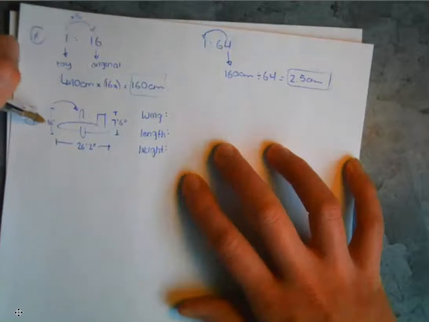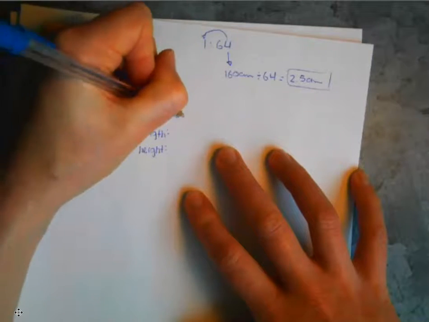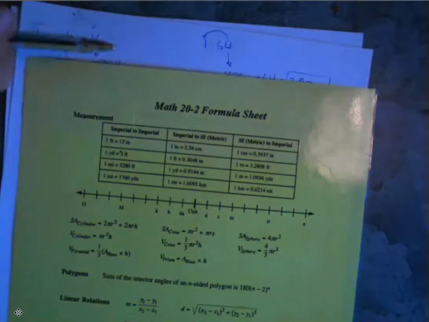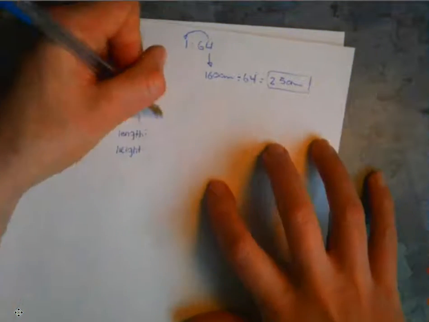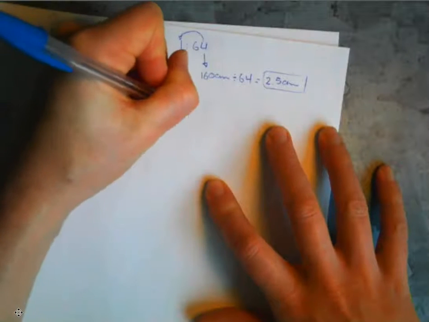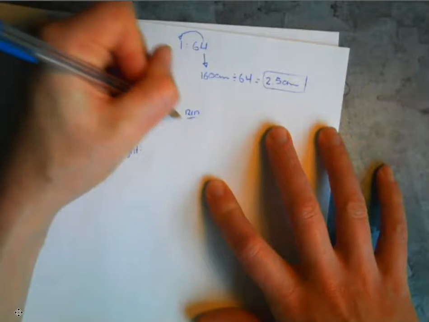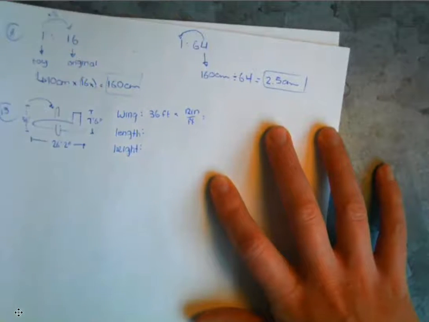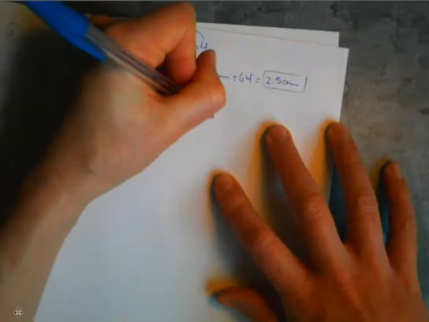Okay, so wingspan is 36 feet, and if we use our data table, we know there are 12 inches in a foot. So 36 feet times 12 inches. Remember, you always want the units you're converting to on top, per foot. So 36 times 12 gives us 432 inches.